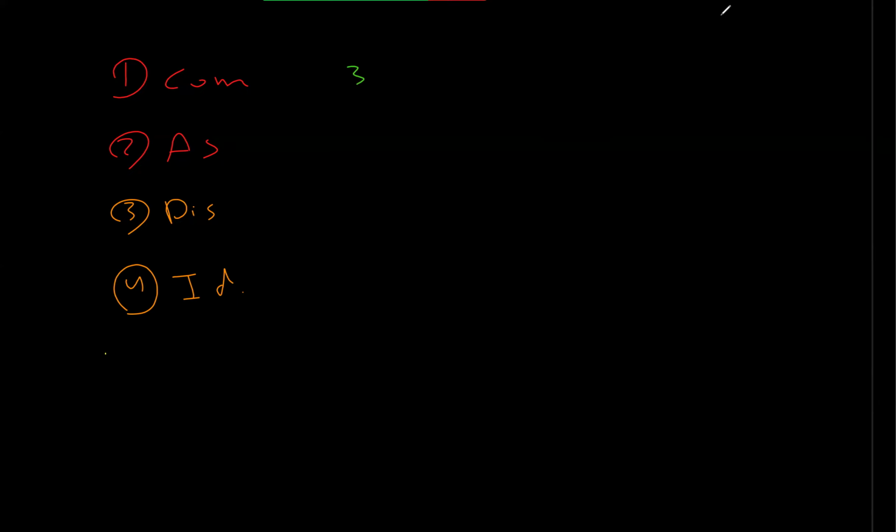Okay, what do these properties mean? Commutative property means if I have 3 plus 5, I can rewrite it as 5 plus 3. This is called the commutative property. If I have 3 times 5, I can write it as 5 times 3. Again, commutative property. In vectors, for example, cross multiplication is not commutative.